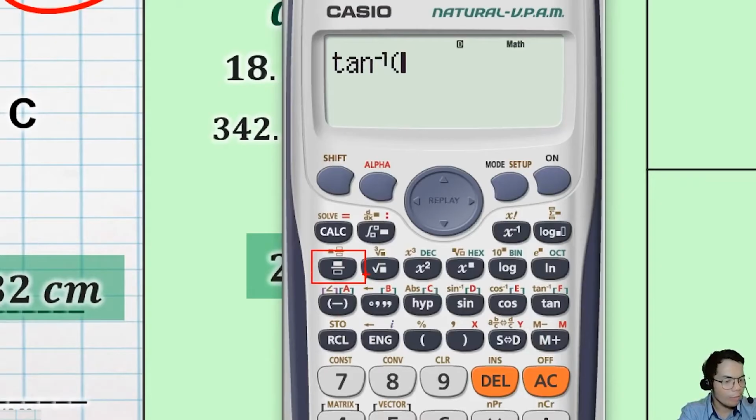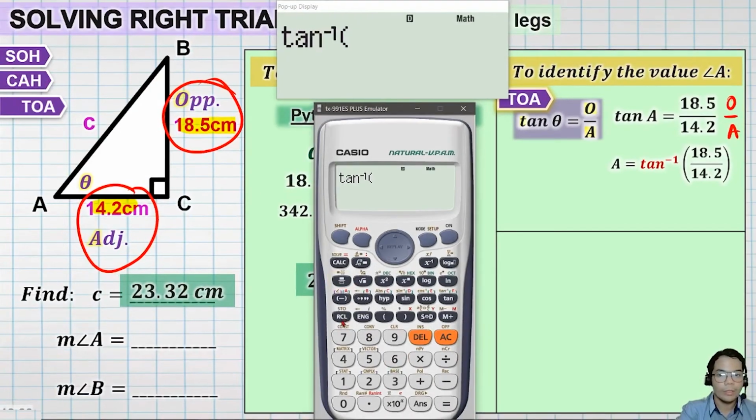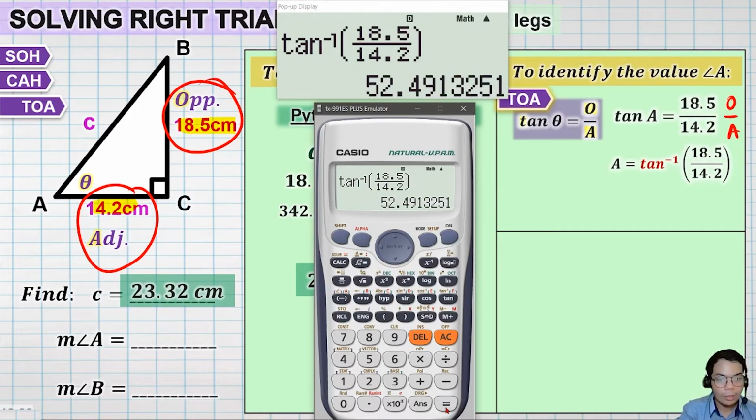I think that's gonna be the function, fraction form. Pag pinindot nyo yan, magkakaroon ng dalawang box, numerator and denominator. So, you can input the numerator 18.5 and for the denominator 14.2. Then, huwag niyong kalimutan na mag-close parenthesis para sure na hindi kayo magma-math error. And then you press equals. And that's gonna be the value of the angle.